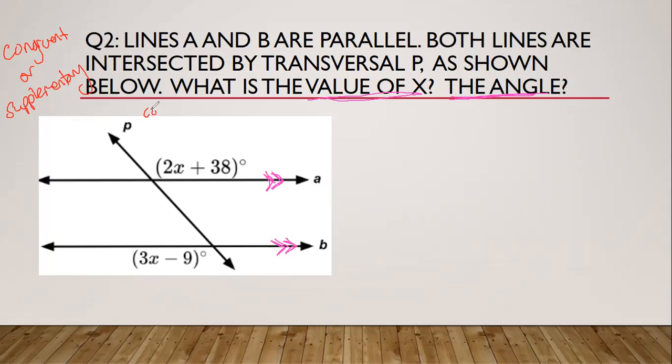So our corresponding angles, our alternate interior angles, and our alternate exterior angles were all congruent when our lines were parallel. The only one that was supplementary was the consecutive interior angles.